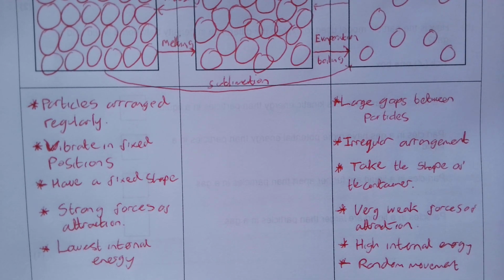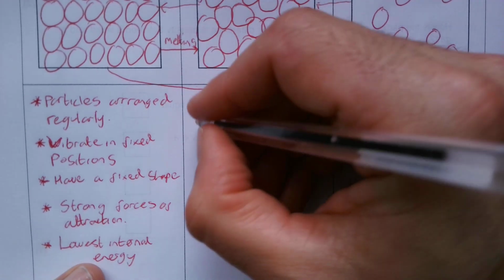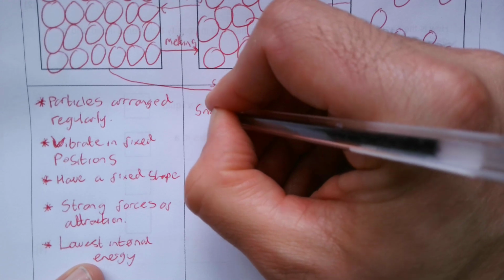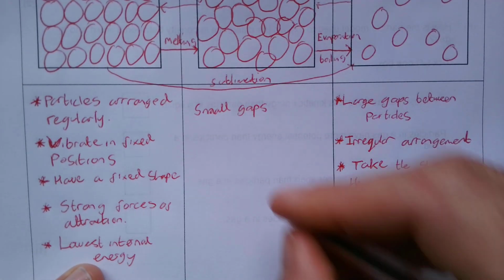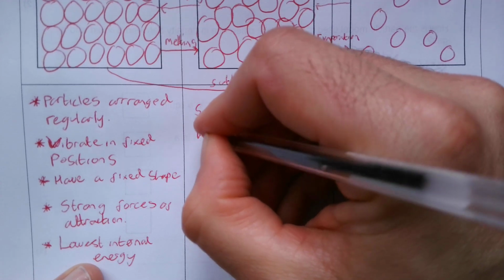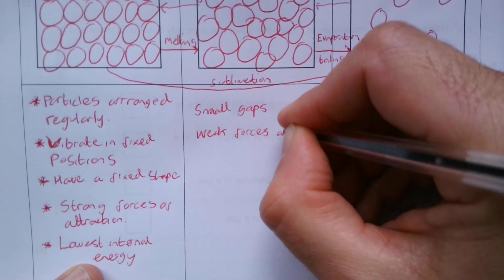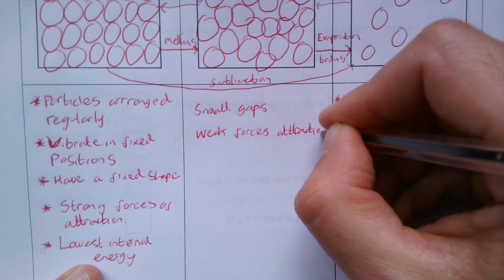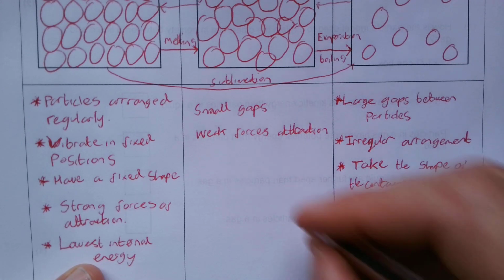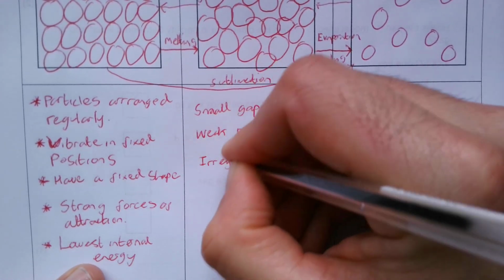Now, liquids and gases are very similar, except the only difference is liquids have small gaps between the particles. So we can put small gaps there. They have weak forces of attraction, like gases. And they are arranged irregularly, so we can say irregular arrangement.